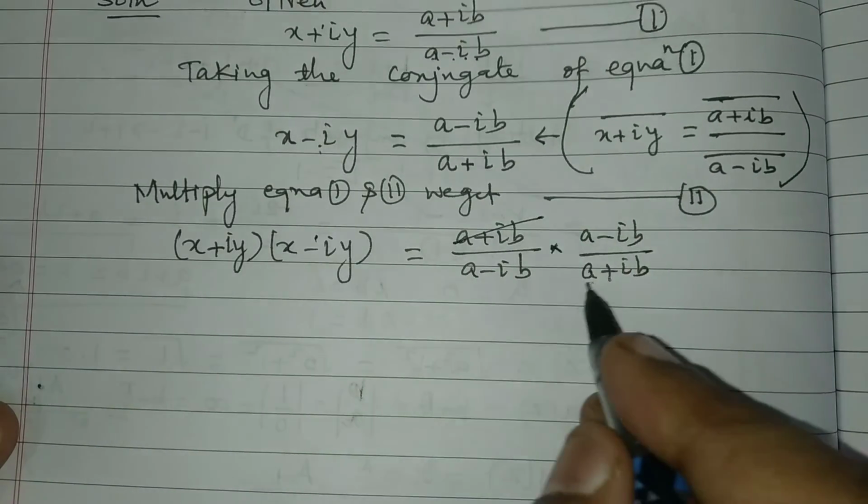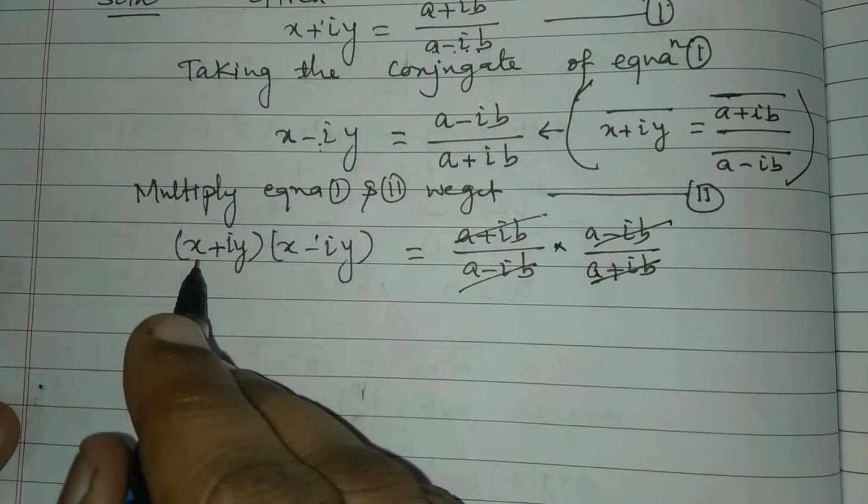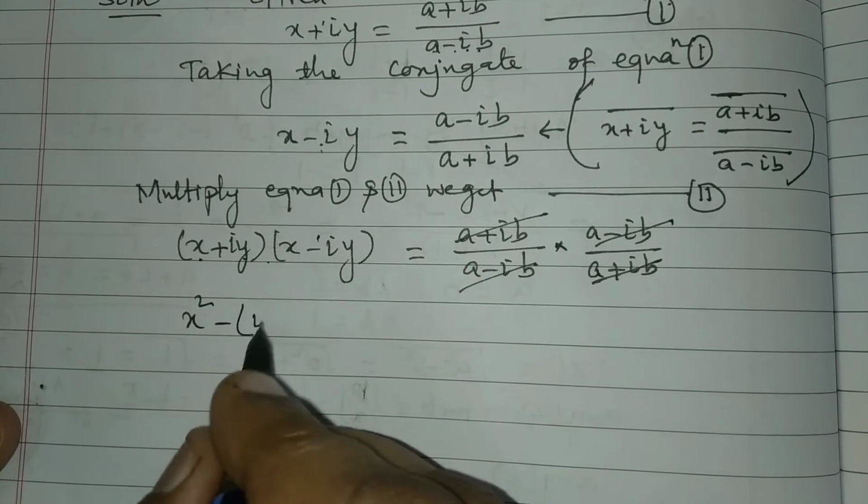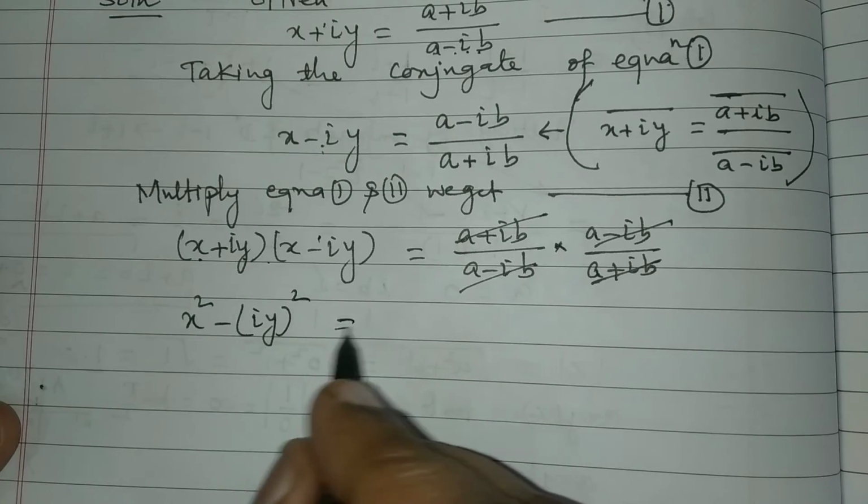So this and this will cancel out, and here it is x square minus i square y square is equal to 1.